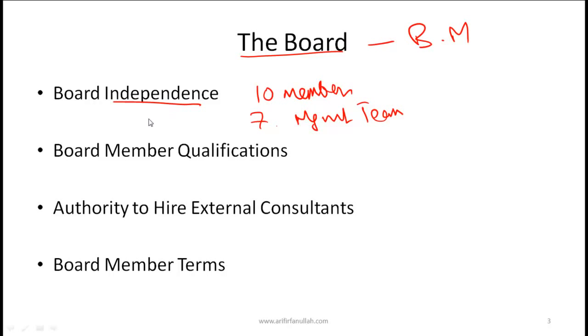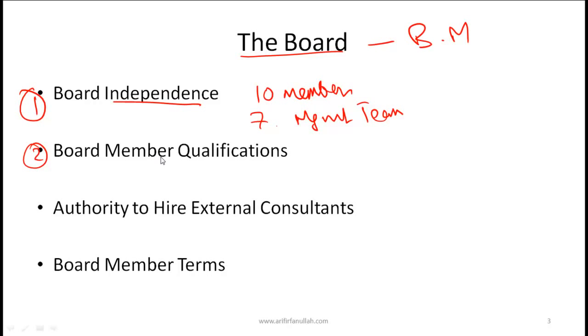So some of those definitions are obvious, but typically anybody who can benefit from transactions within the company is not independent. So point number 1 is, from an investor perspective, we want a board where the majority of members are independent. Then point number 2 relates to board member qualifications.